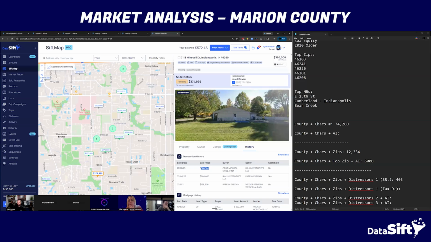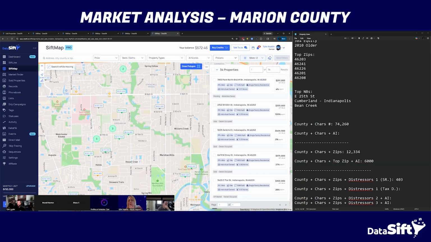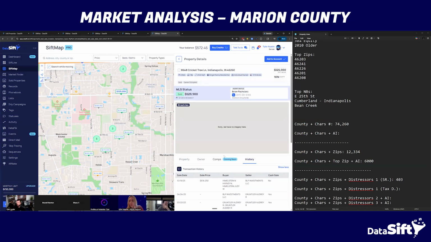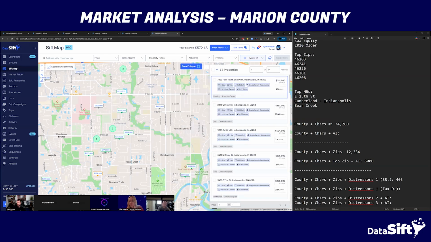That's a flip. So this gives me an idea that yes, this zip code does have enough inventory or activity for me to close deals. That's another way to validate, at a high level, what's going on inside my market and whether that area is a good one.